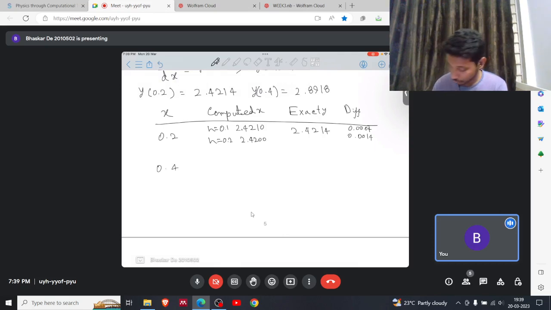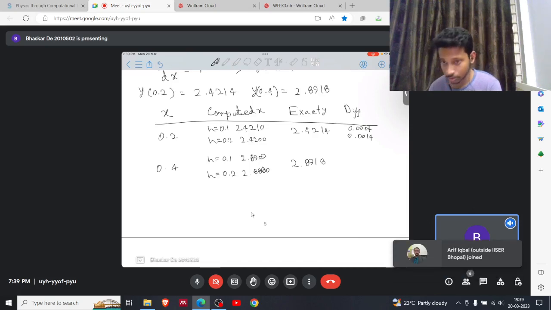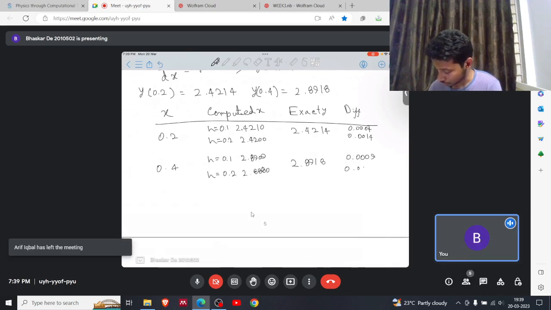Again for x equal to 0.4, when we take the value of h as 0.1 we get the answer as 2.8909, and when we assume the value of h as 0.2 we get the value 2.8880, but the exact value of y at x equal to 0.4 is 2.8918. So here the difference is 0.0009 and 0.003.